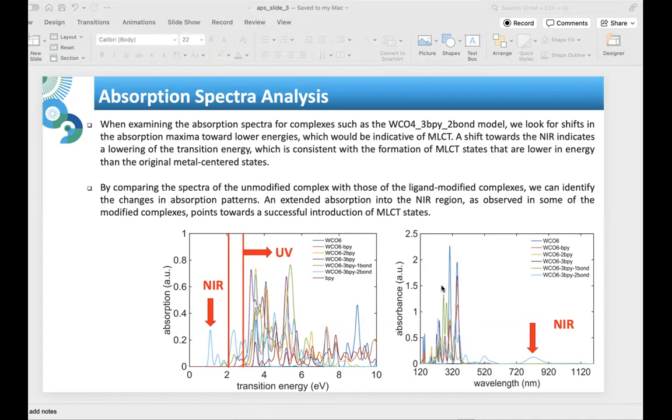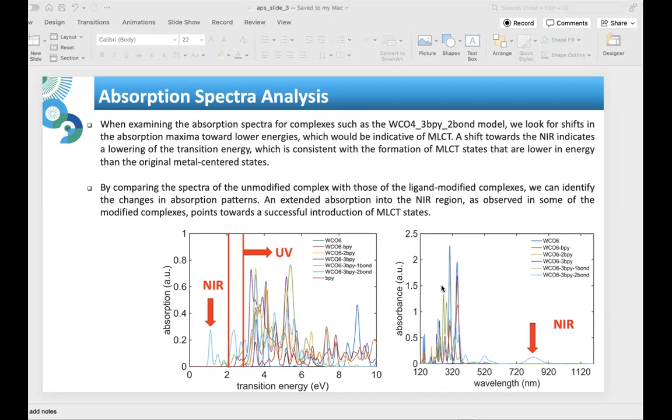That's why the absorption peak shifted to the left side, the lower transition range, and that range is in the near infrared range.